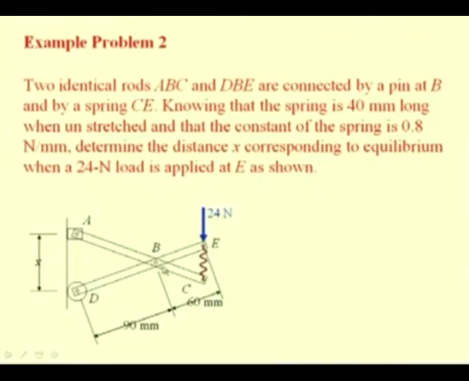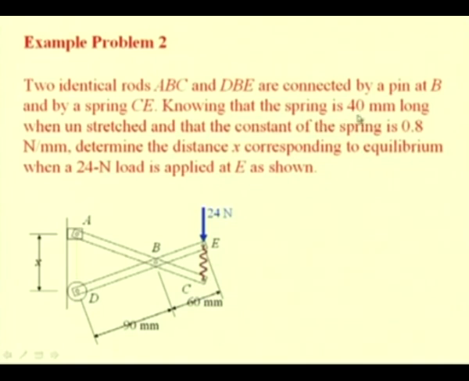determine the equilibrium position. So, in this example you see two identical rods ABC and DBE which are pinned at B, and the points E and C of these two links are connected by a spring.